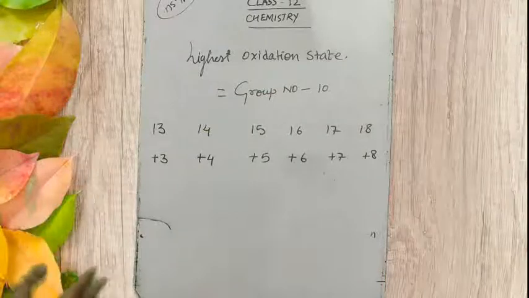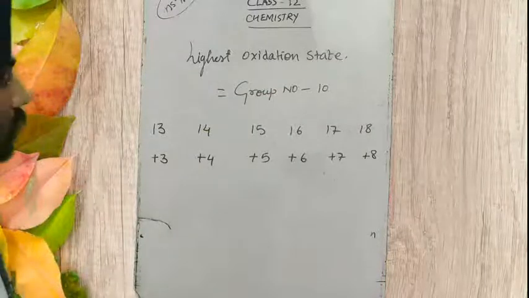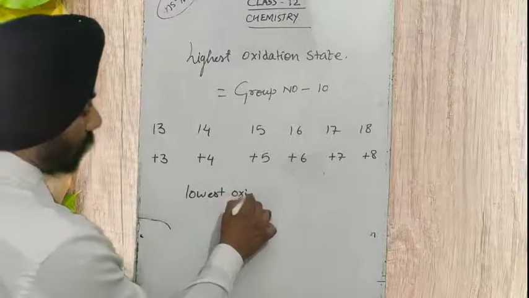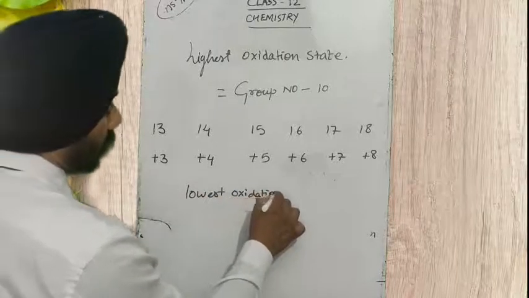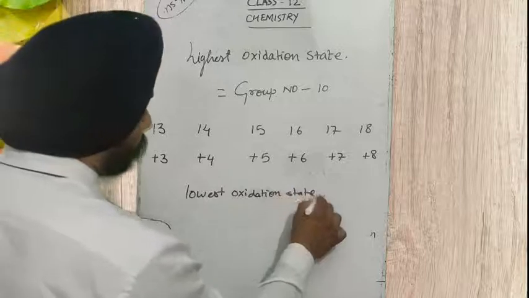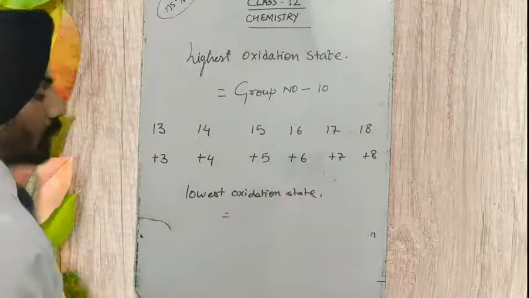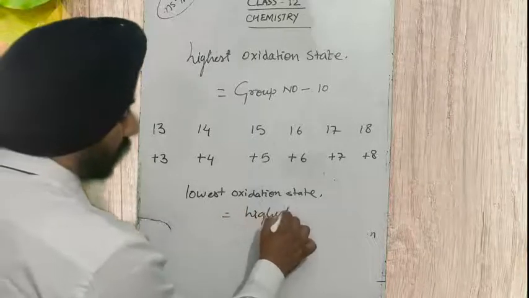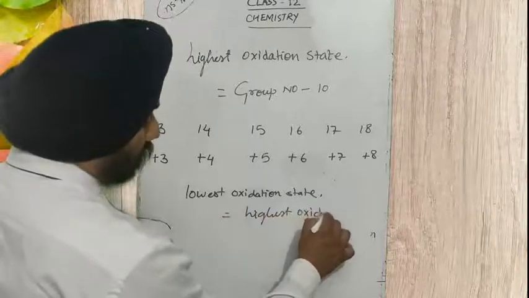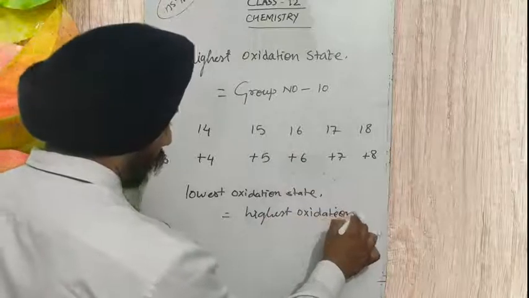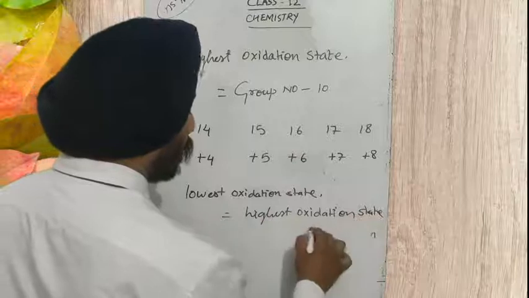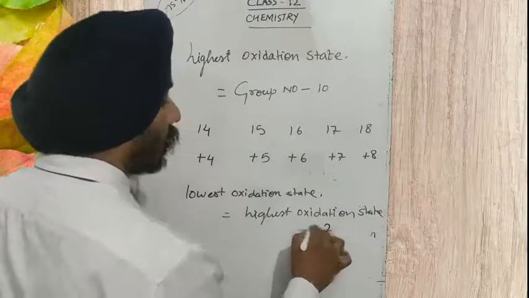Okay, for the lower oxidation state, or lowest oxidation state, we take the highest oxidation state minus 2.